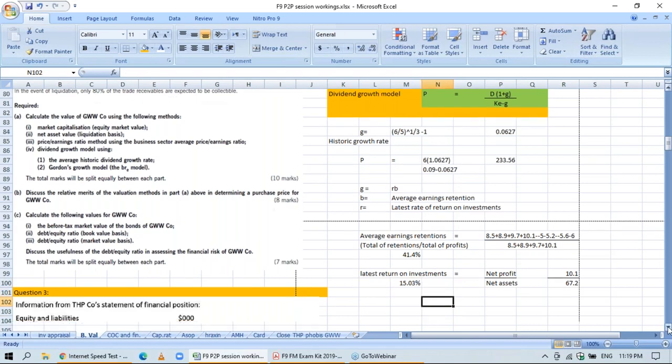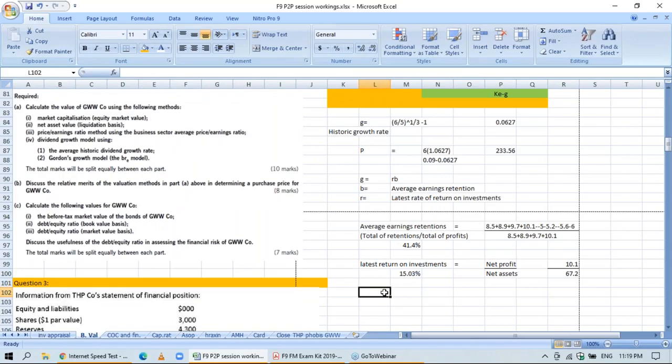Now according to the Gordon's model, the growth rate is equal to R multiplied by B, 0.414 multiplied by 0.15, which gives you 6.21% as the growth rate.